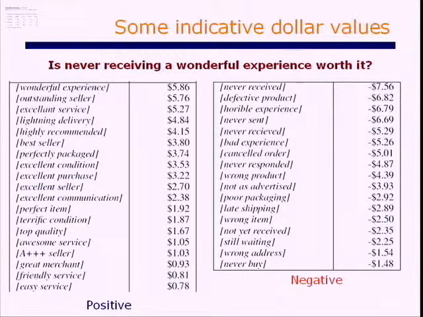Anyway, what I want you to take away from the slide is that there are potentially significant dollar amounts associated with having negative text in your reputation profile. And these are numbers that you can, in fact, make a meaningful side-by-side comparison on. So wonderful experience is clearly a lot more important than A+++ seller.